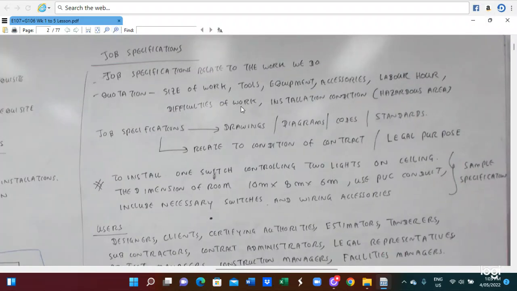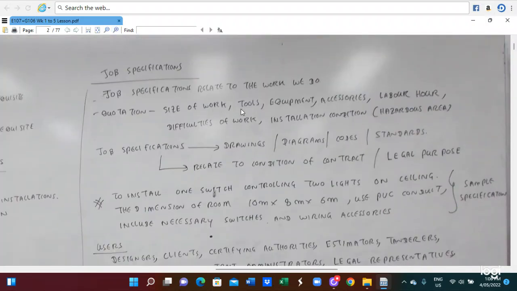Before we begin any job, we have to provide a job specification. Job specifications are related to the work. In this case, it depends on the size of the work, tools, equipment, accessories, labor hours, difficulty of the work, and the installation conditions, such as hazardous areas. Those need to be provided in the quotation.